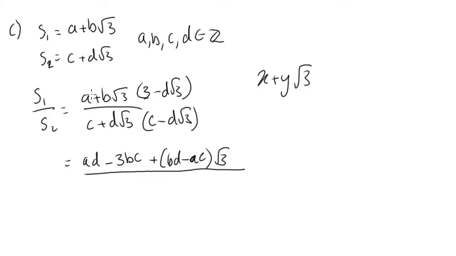So in one step I've expanded it out and I've collected all the terms that contain a root 3, and I've just factorized that bit out. And then on the bottom we're going to have C squared minus CD root 3 plus CD root 3 cancels out, minus 3D squared.